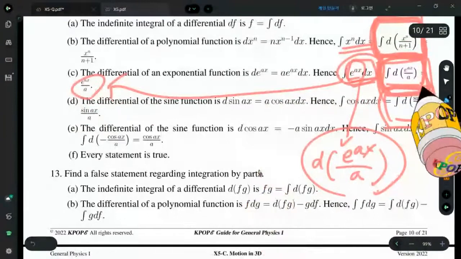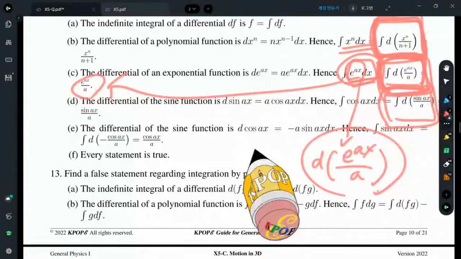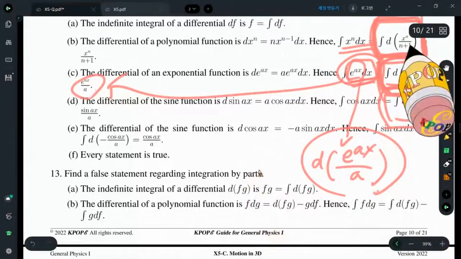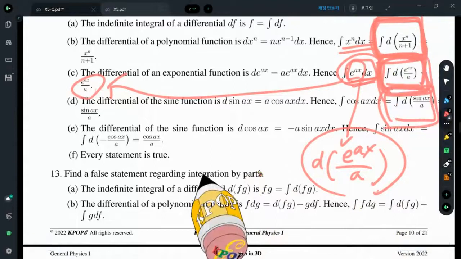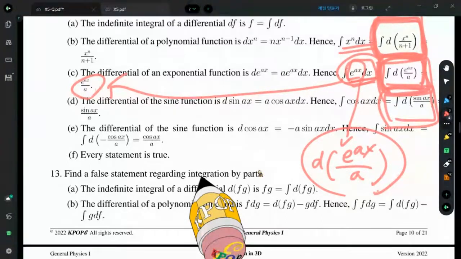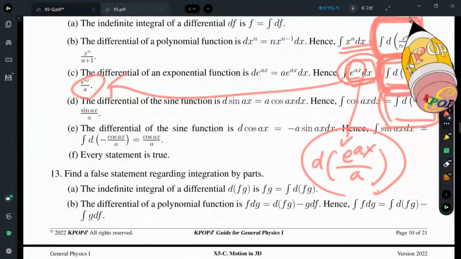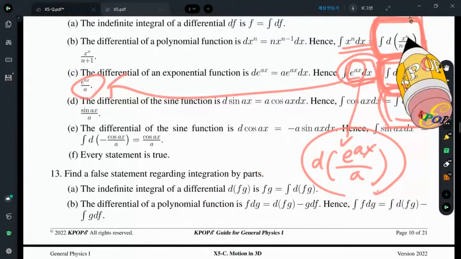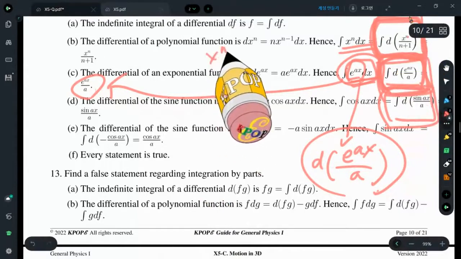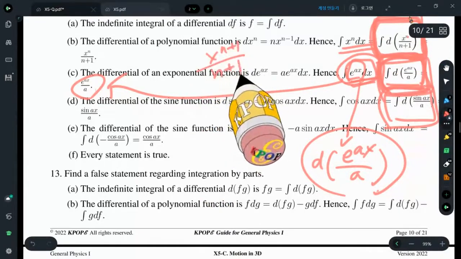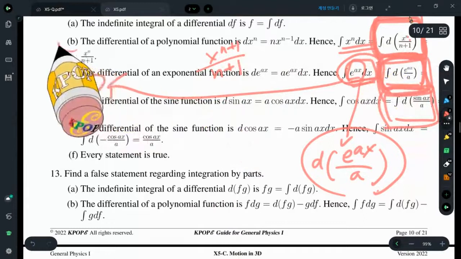And if you want to verify your calculation, a simple way is to take the derivative of this. This is wrong. This is wrong. x^(n+1) over n+1, this is wrong.